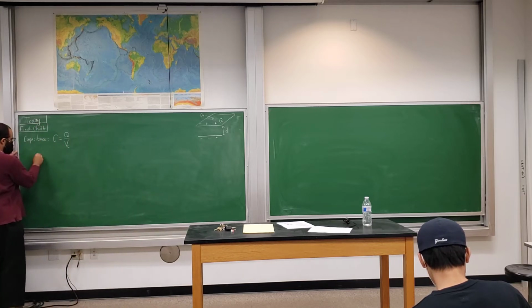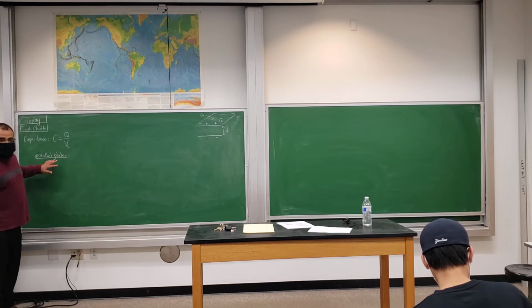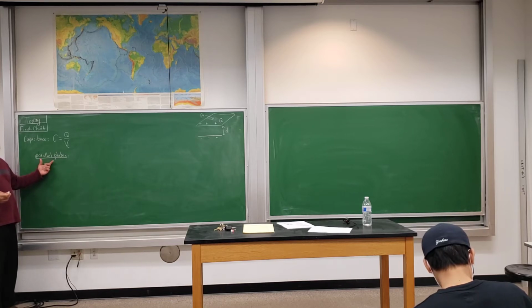So parallel plates. I emphasize the formula I'm going to derive right now only applies for parallel plates. You can have other geometries, but the most common one is parallel plates.